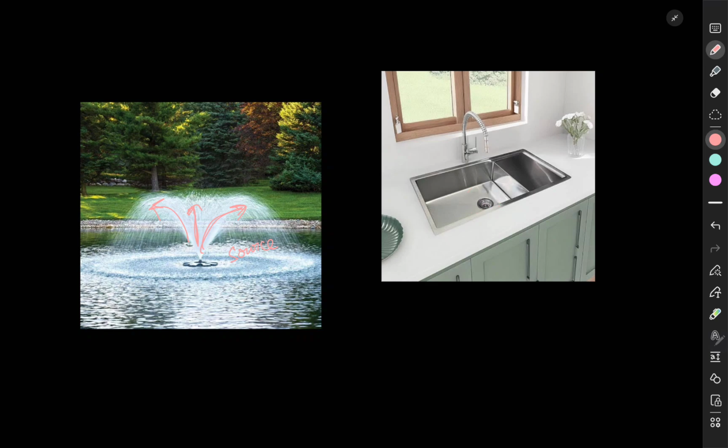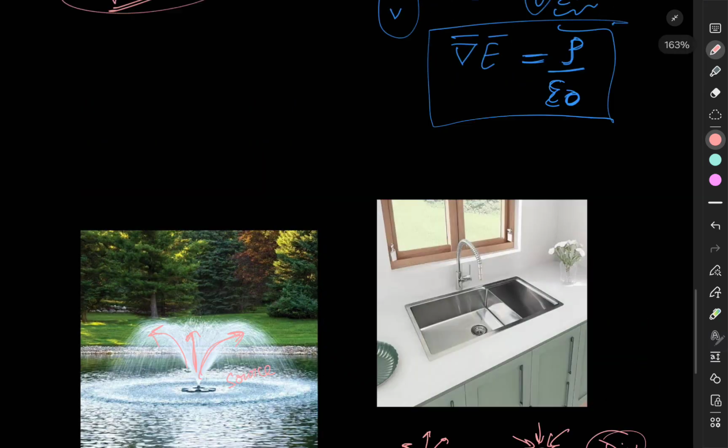Hence, we have two things: a source and a sink. A source is something which gives out something, or out of which something is coming out, whereas a sink is something into which something enters. And this is what this divergence tells us.